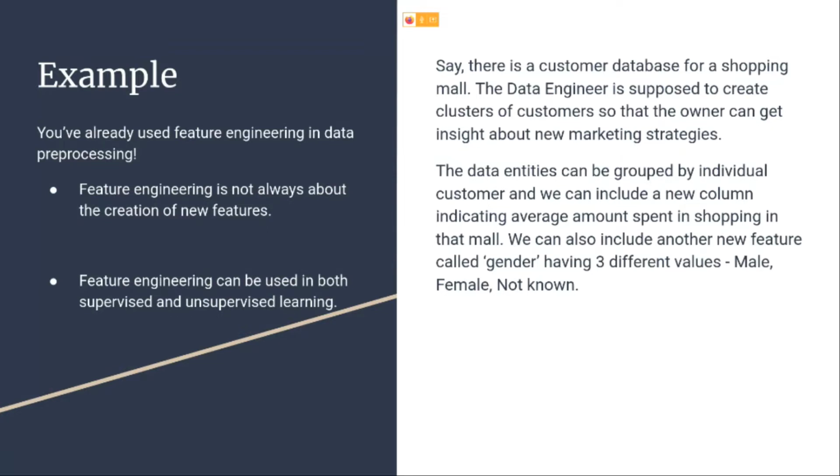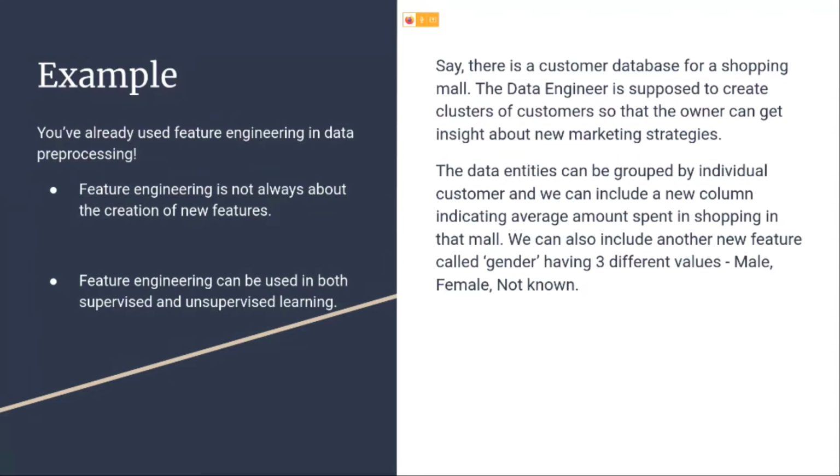So what we can do, if our database does not have a column for gender, is add one. It would be a useful feature when we think about clustering, because males and females will have different sections in the shopping mall, so they should have different offers. So we can include new features.